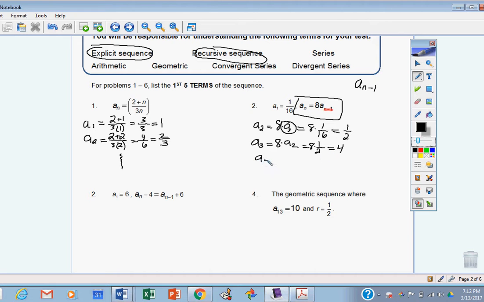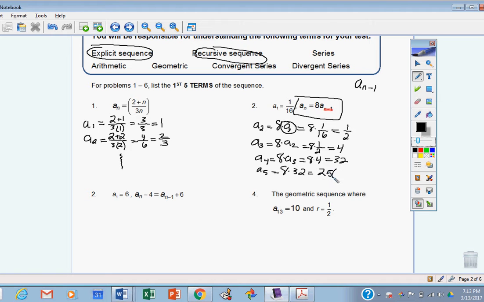Likewise, the fourth term is taking the number 8 and multiplying by the previous term, which is the third term. So that equals 8 times 4, which equals 32. And then the fifth term would be equal to 8 times the previous term, which is 32. So what do we got?